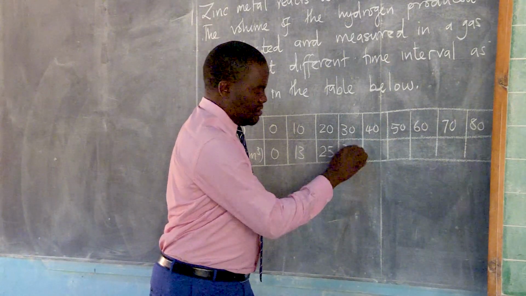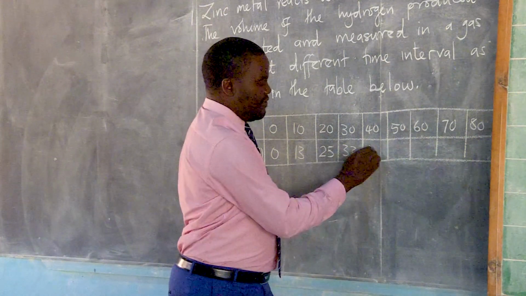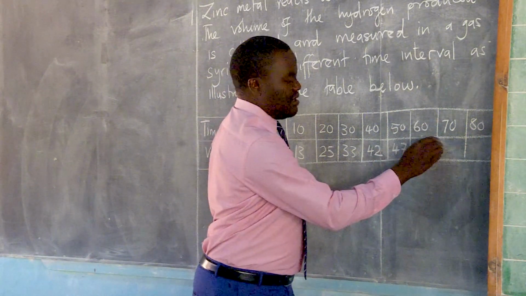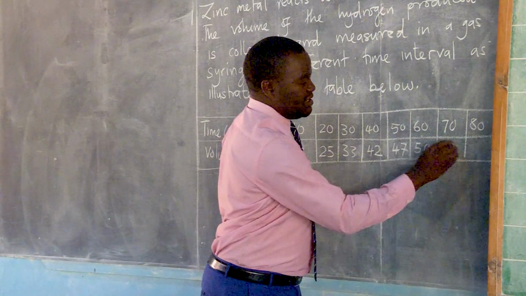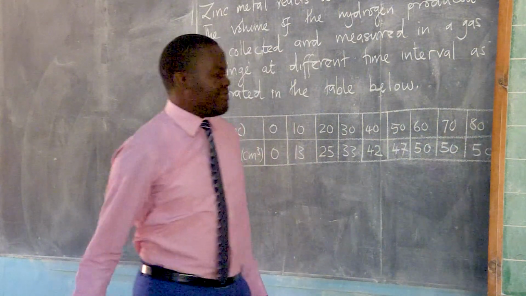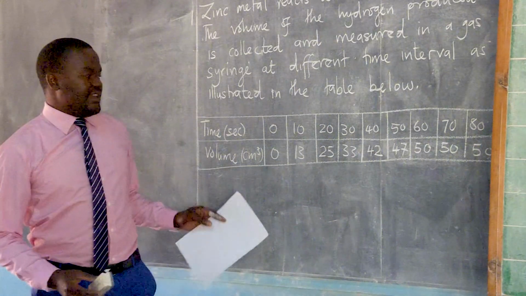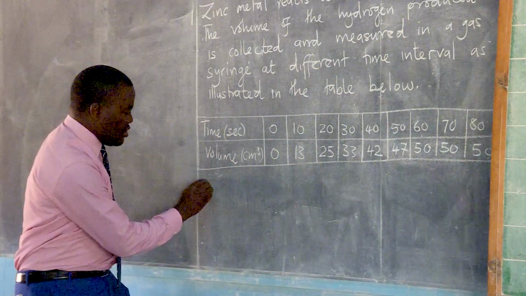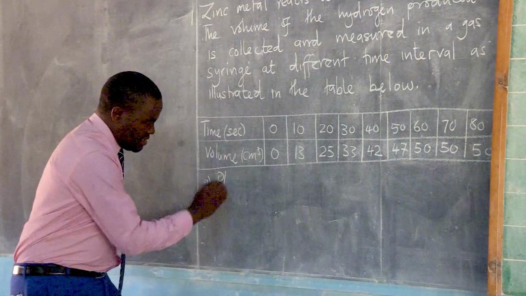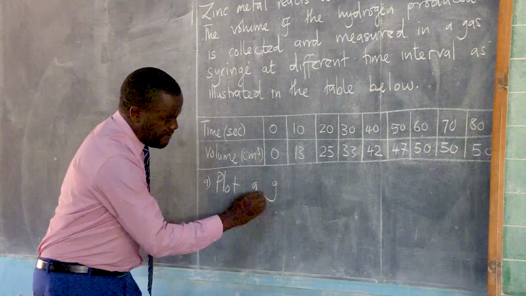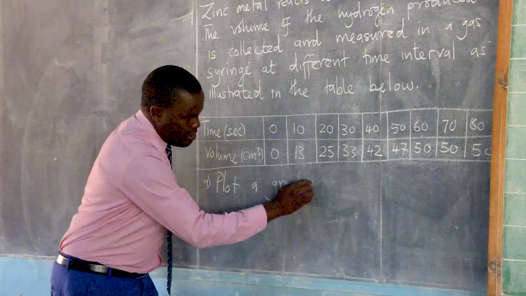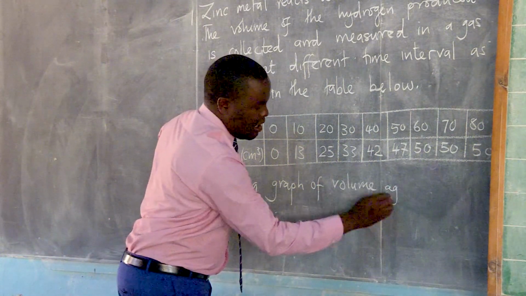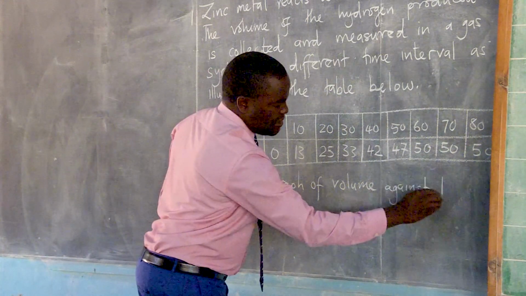Then 33, 42, 47, 50 cubic centimeters, 50, and 50. So, we are given this as our data set. Then we are told to plot a graph of volume against time.